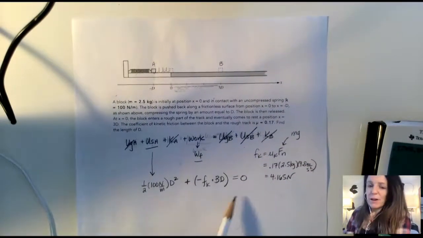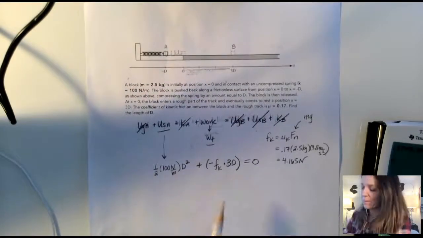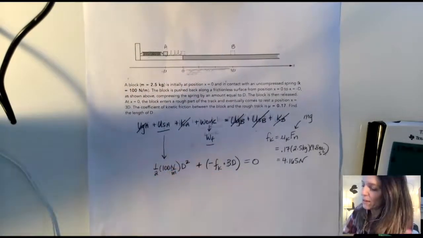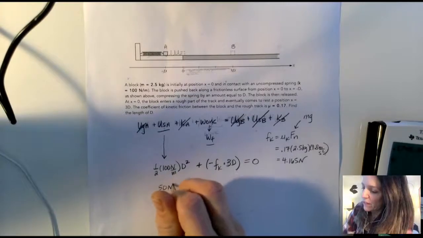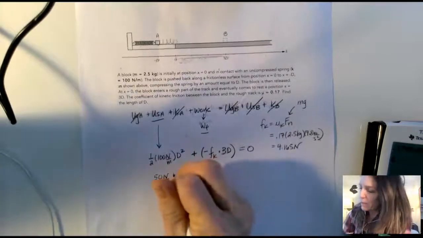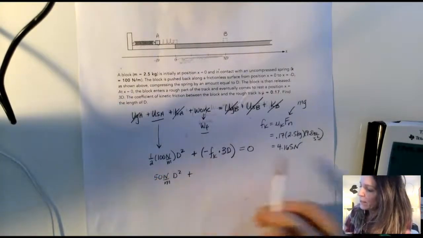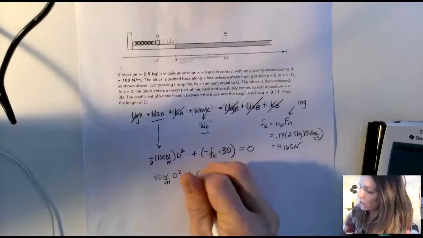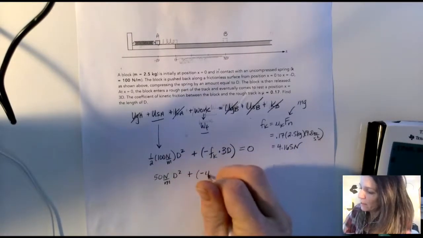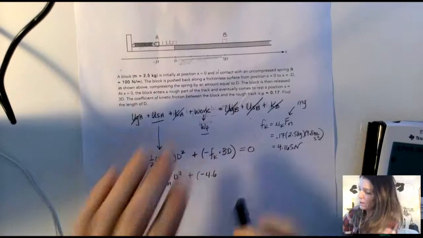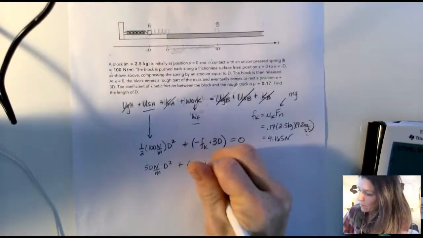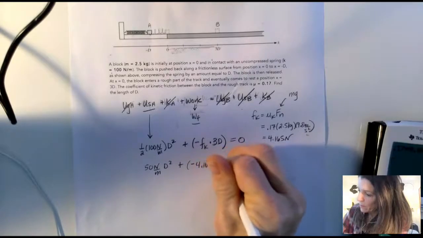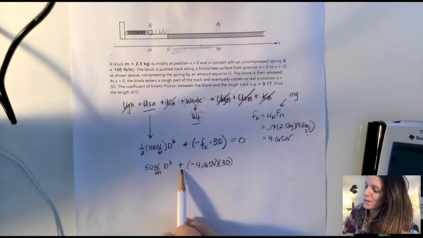Great. Okay, so there's our frictional force. Now let's come back over here to our equation. So 1/2 times 100, that's 50 newtons per meter times d squared, plus, now let's put in our negative frictional force, which is 4.165 times 3d, and you could at this point change that to a minus.